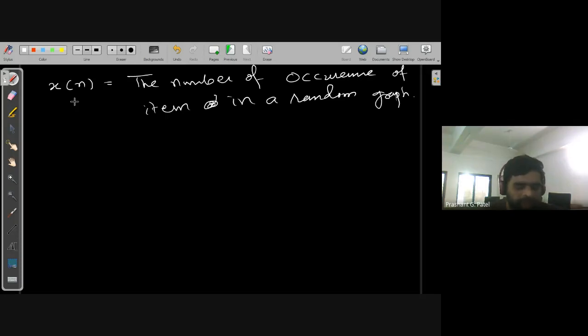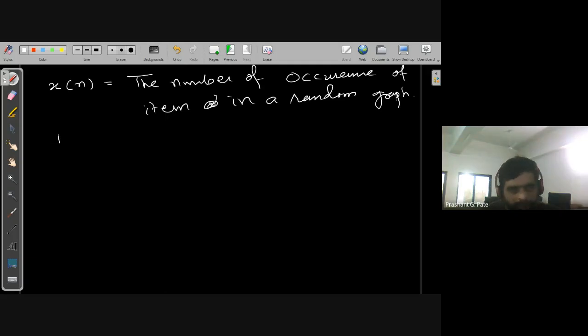Then, if we expect that the value of xn goes to 0 as n tends to infinity, then the graph picked at random almost surely has no occurrence of the item. And this follows from Markov's inequality.